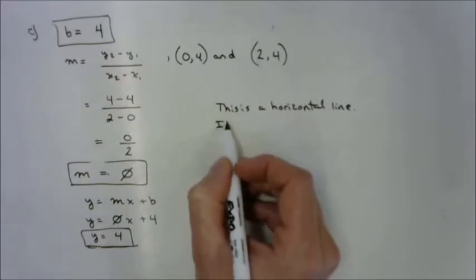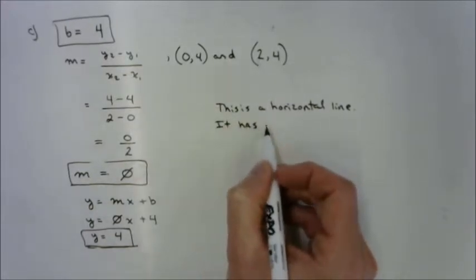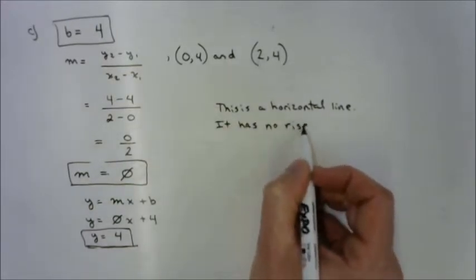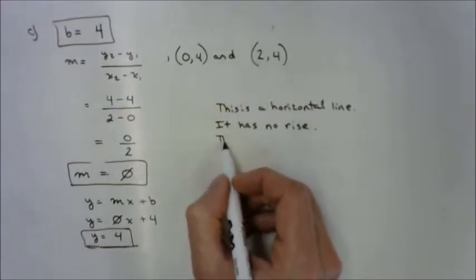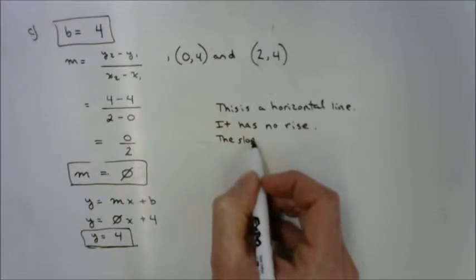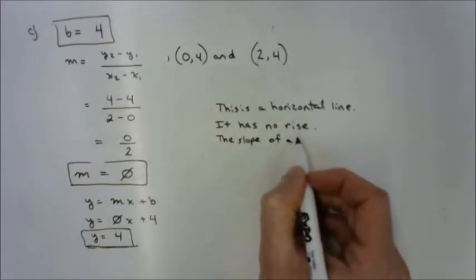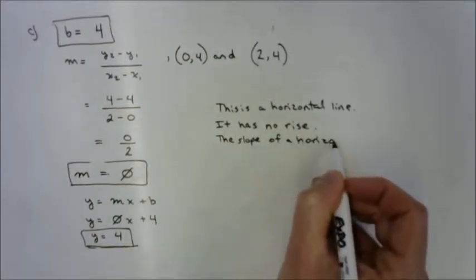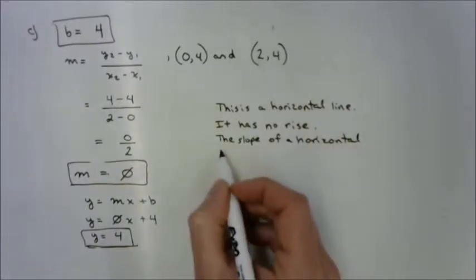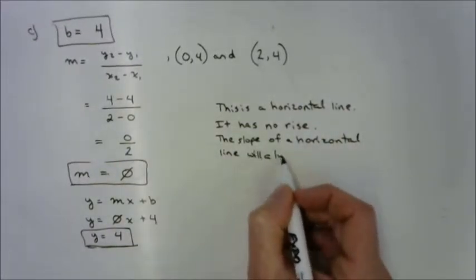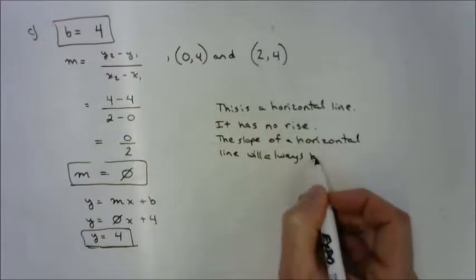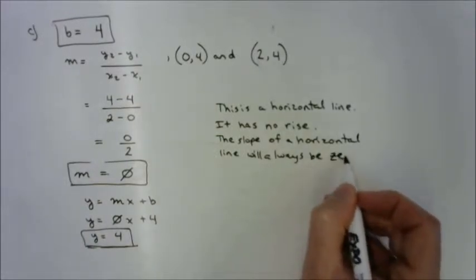It has no rise. The slope of a horizontal line will always be 0.